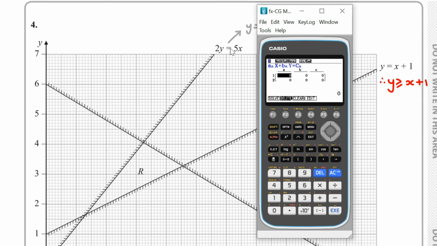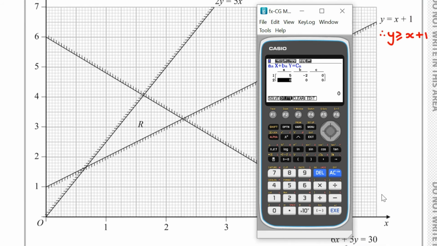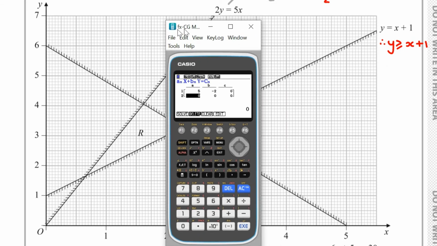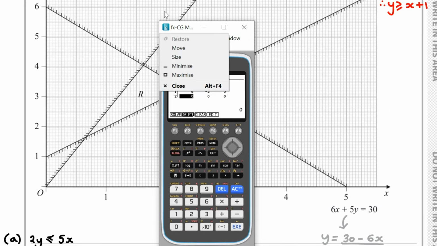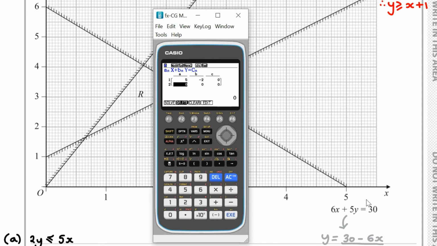So here we can type this in. We've got 5x minus 2y equals 0, and then over here 6x plus 5y equals 30. If we solve those simultaneously, you'd find we get 60 over 37 and 150 over 37.